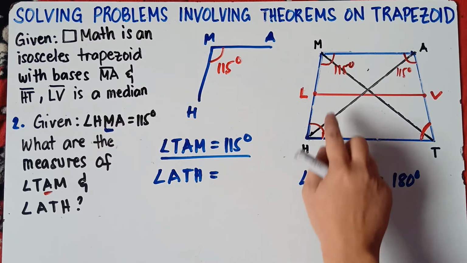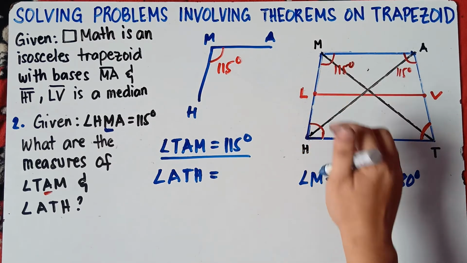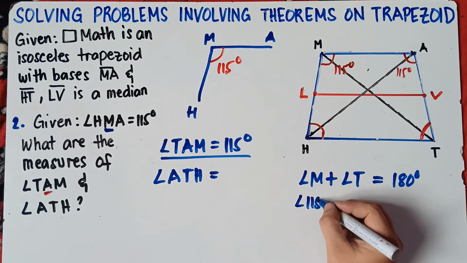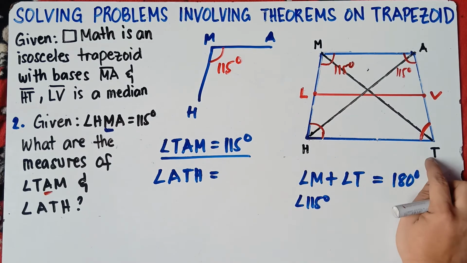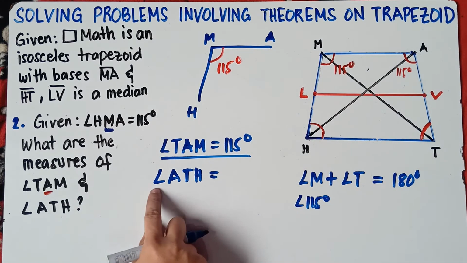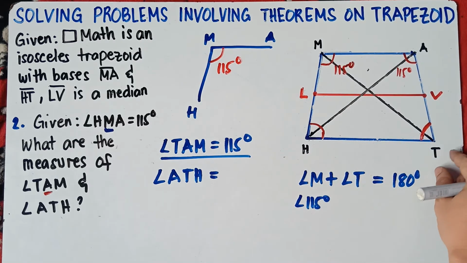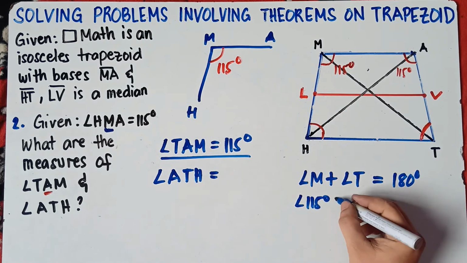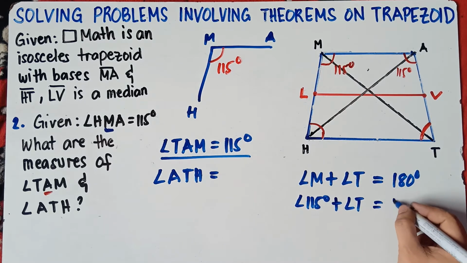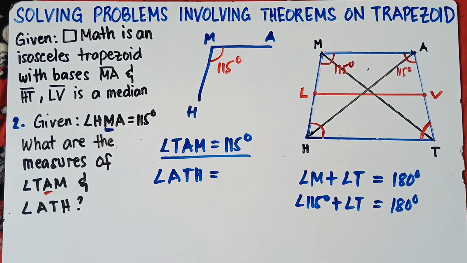So, we have given angle M, that's 115 degrees, and we're looking for angle T, which is angle ATH. We don't have angle T, therefore simply copy angle T equals 180 degrees.